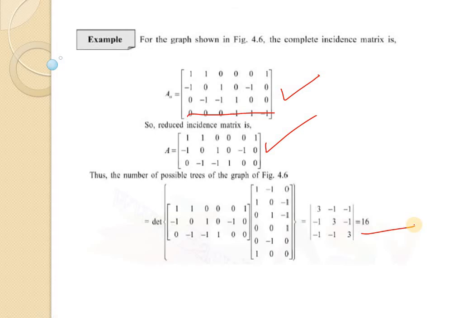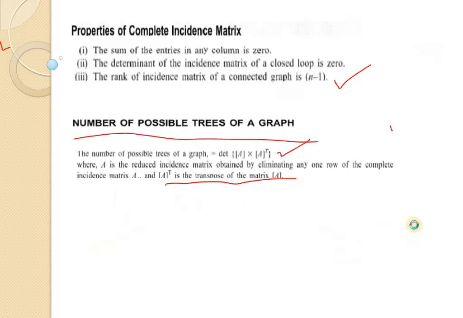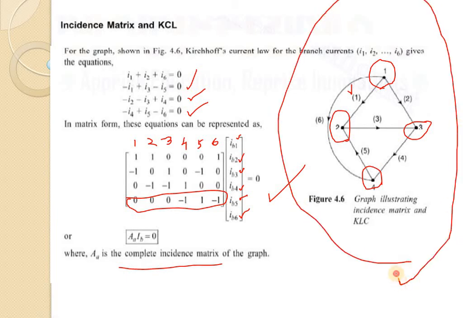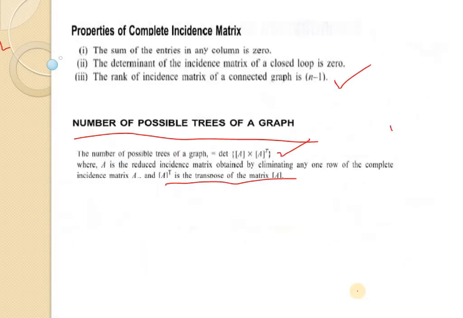So here we are getting the number of possible trees for the given graph, which is shown in figure 4.6, that means this one, and this graph basically has 16 trees. The number of possible trees for this graph we have calculated, that is 16, 1, 6, that we have calculated here.